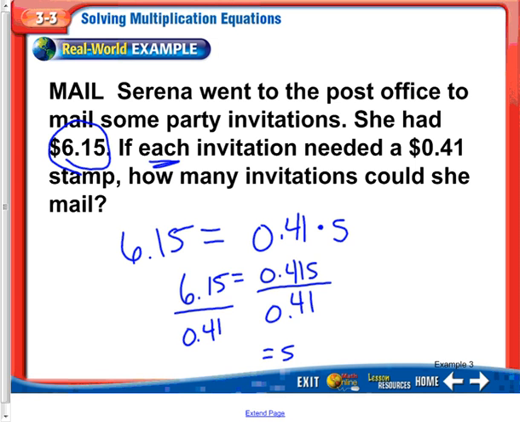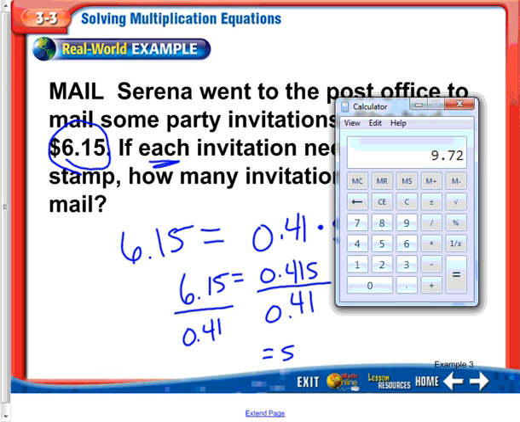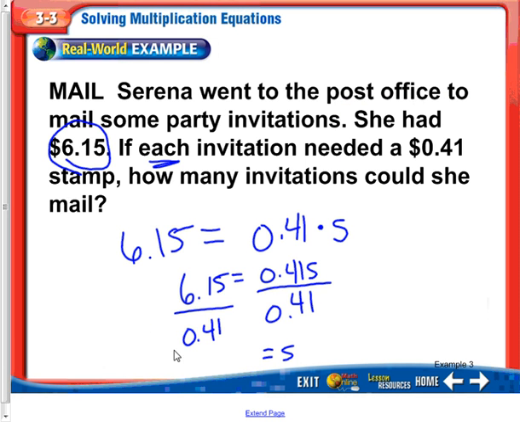So again, this is a decimal problem. So we can do 6.15 divided by 0.41, and that equals 15 stamps. So we're going to write down 15 stamps for our answer, remembering to include our units because this is a word problem.